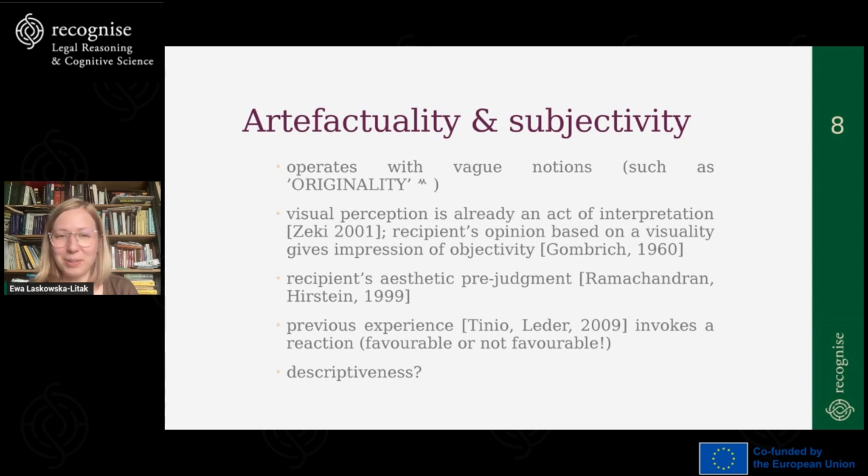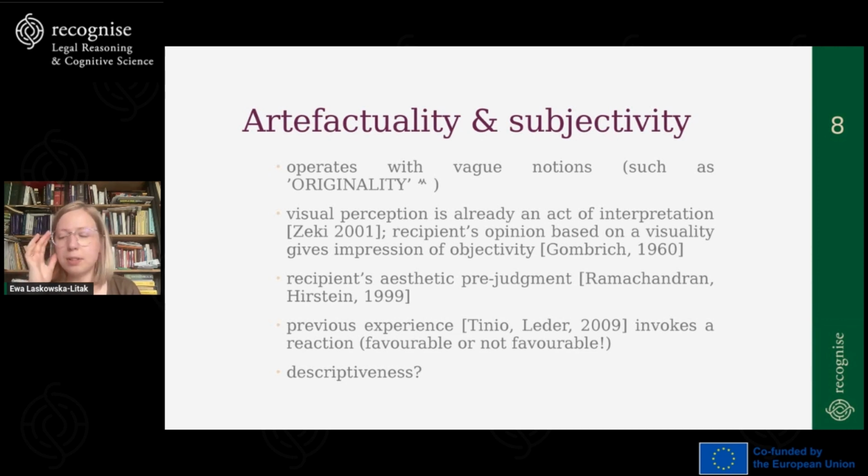It's supposed to be only identification and not the evaluation alone. Now, the neurosciences and cognitive sciences show that we cannot separate the act of identification from the act of interpretation whenever it refers to intellectual perception. So the mere fact that the subject matter of copyright law is perceptible by mind means already that the objective identification of it is not possible.